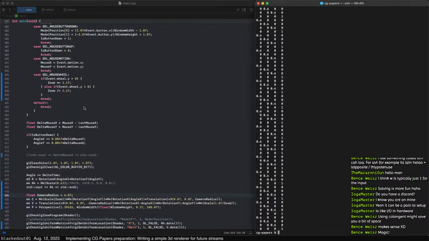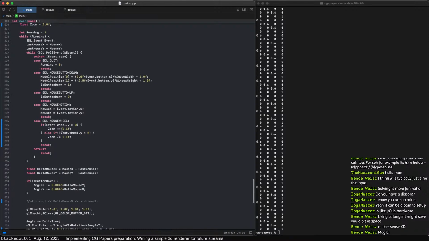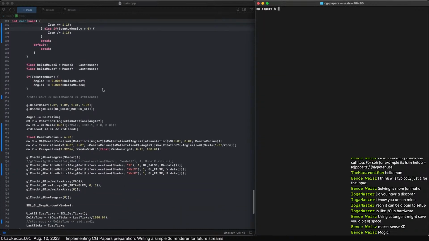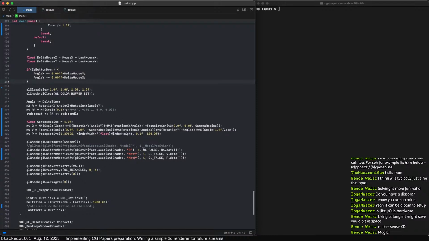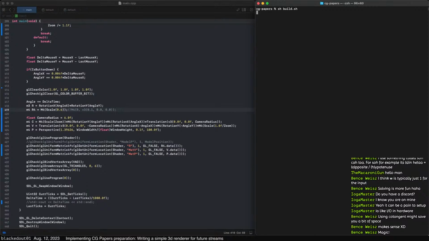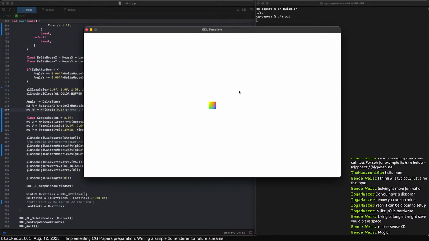Okay, I would say that's the wrong direction. And also I think the scrolling direction is in the wrong direction.